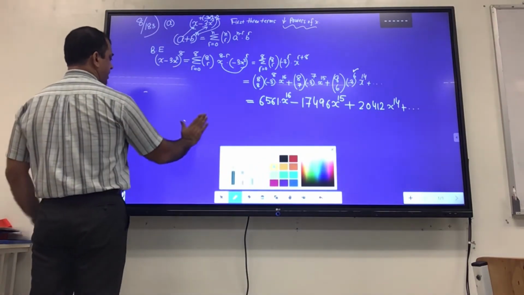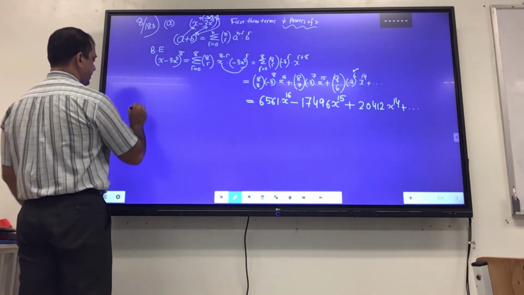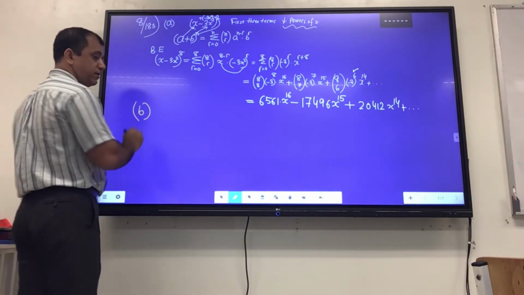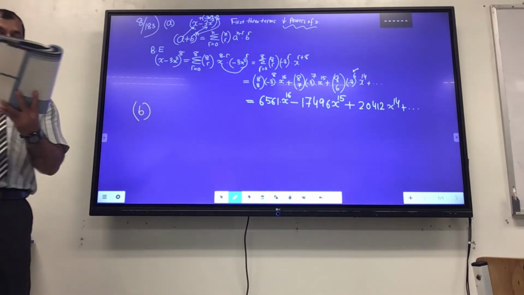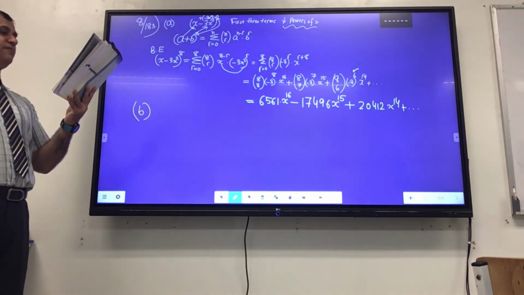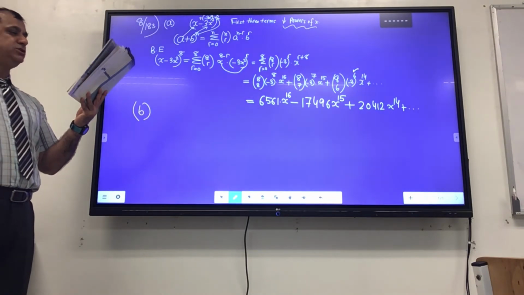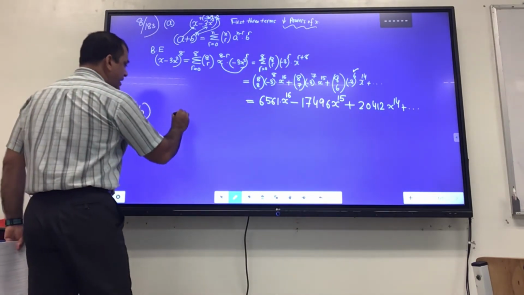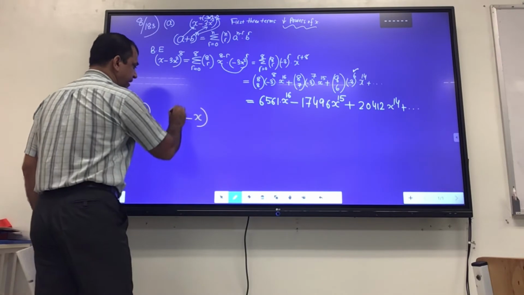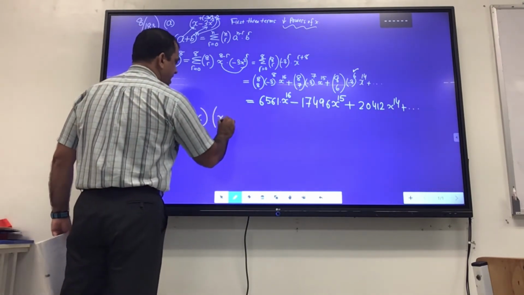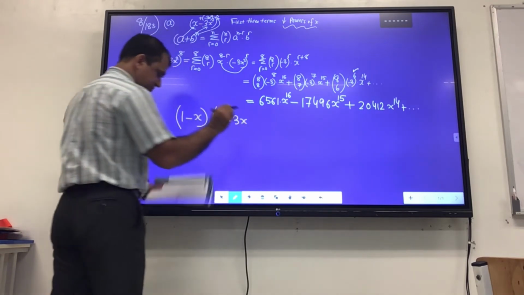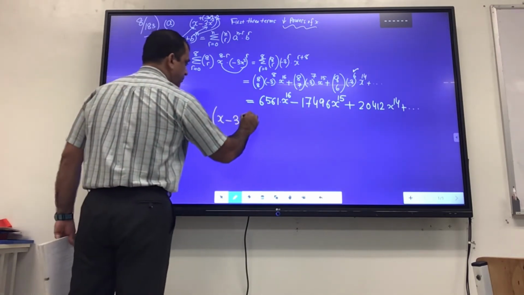So what is the B part? Now let me read the question first. The B part is: find the coefficient of x power 15 in the expansion of (1 minus x) times (x minus 3x squared) power 8.